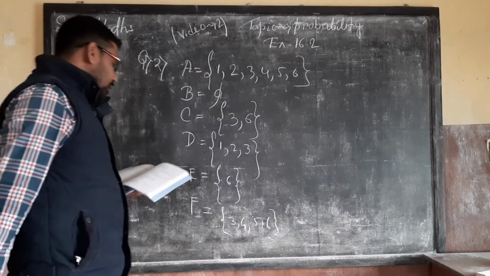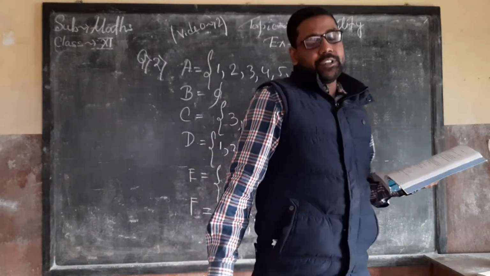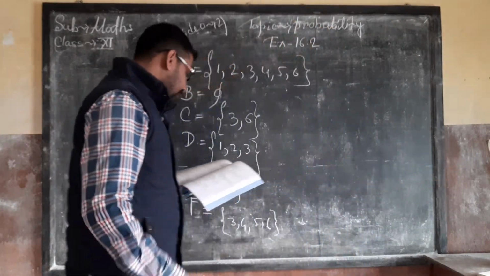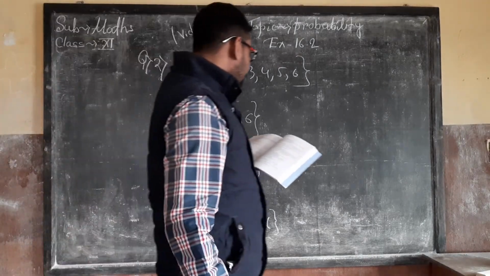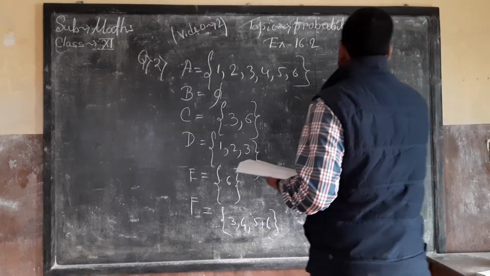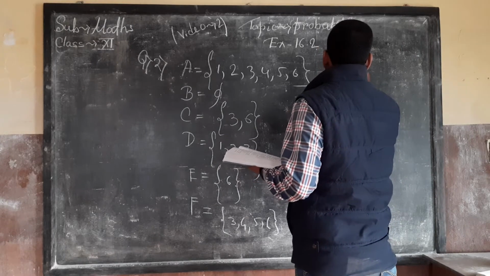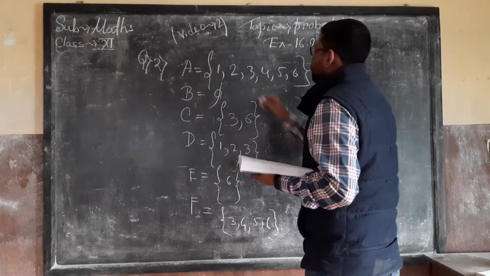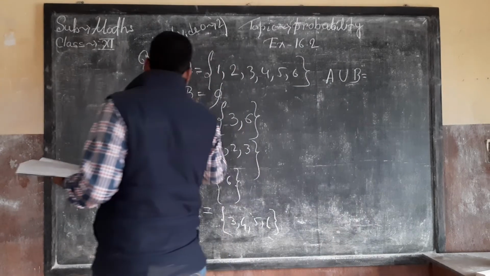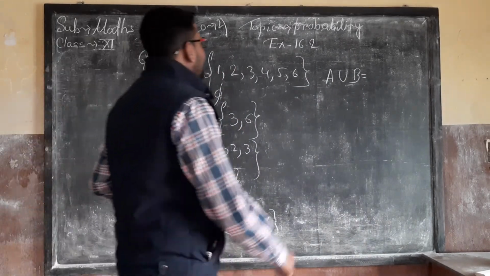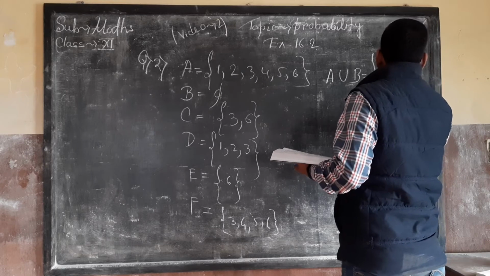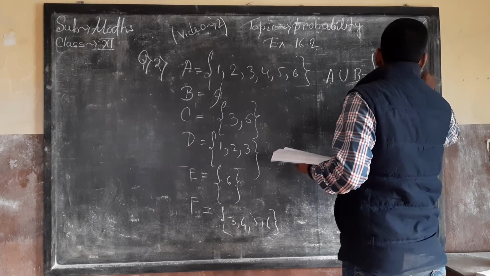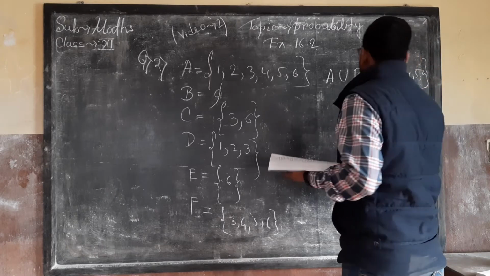A number not less than 3, that means 3, 4, 5, 6. With the help of all those events, let us find first A union B, and after performing the union operation between these two events, it produces 1, 2, 3, 4, 5 and 6.